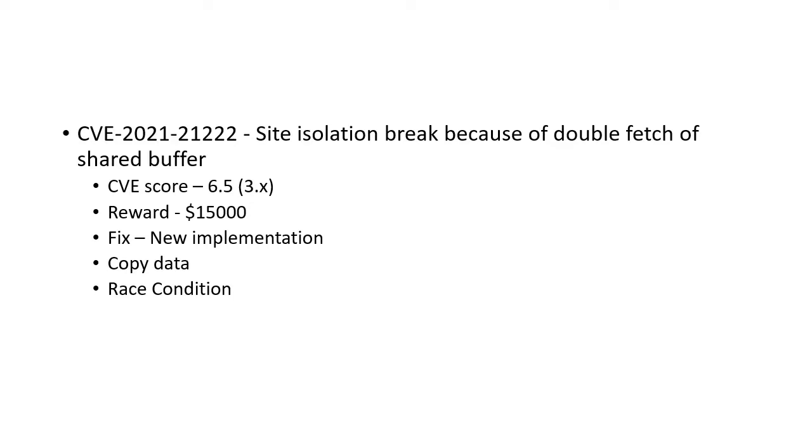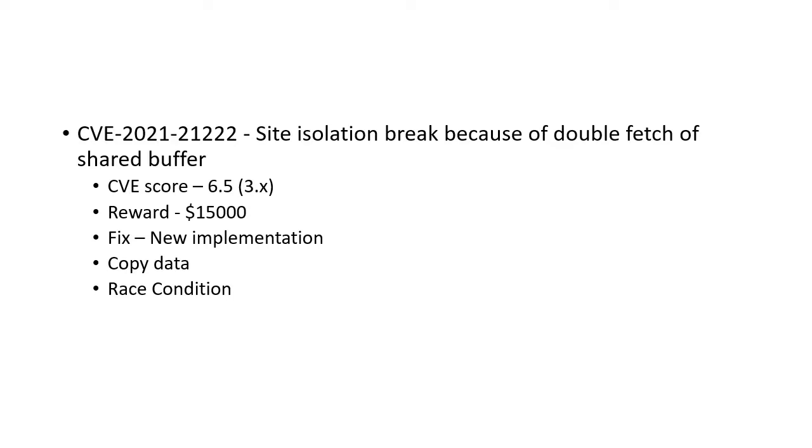So for this, the developers came up with a solution: copy the data, save it, and after calculating the hash key, check once again whether the calculated hash key and the data match.